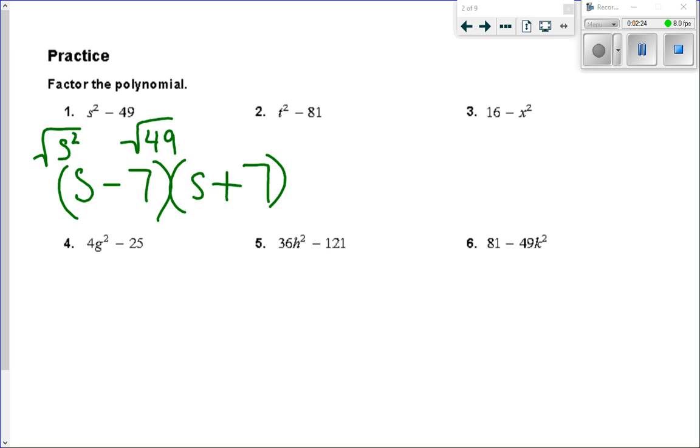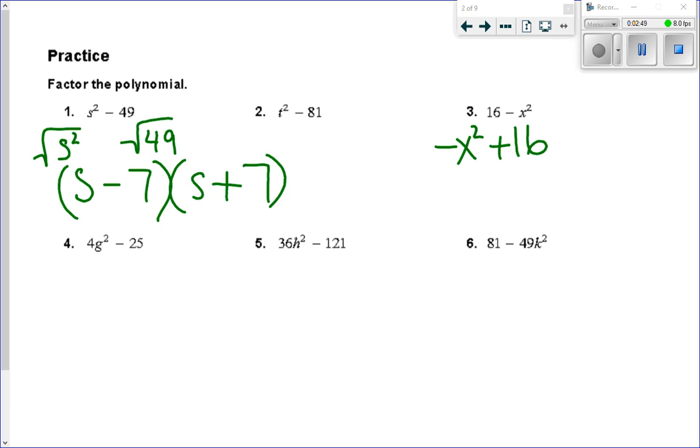Moving over here to number 3, looks a little bit different. You can do it this way, but just to be consistent, we're going to go ahead and put it into standard form. So that gives us negative x squared plus 16.